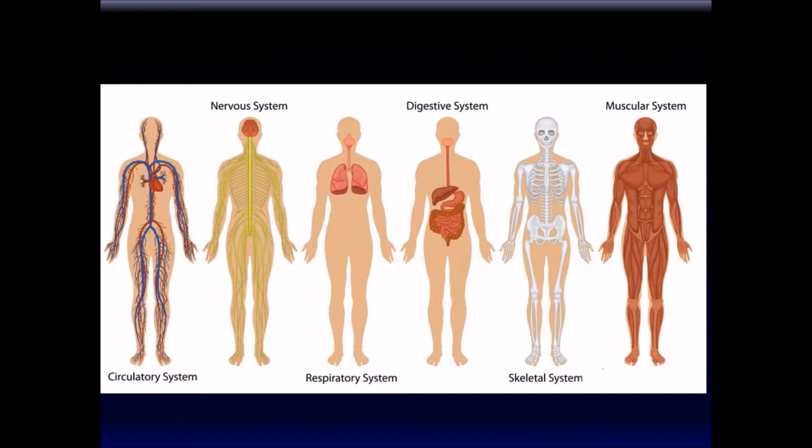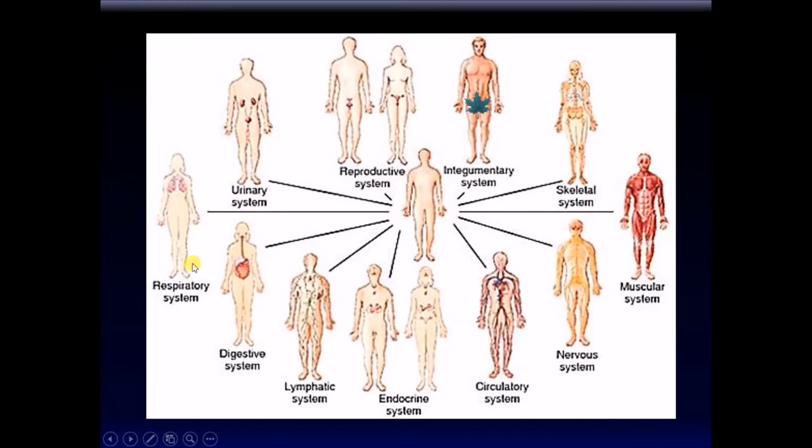Now, there are different systems. There's a circulatory system, a nervous system, a respiratory system, a digestive system, a skeletal system, and a muscular system. Okay, so I just wanted to introduce you to some of these systems.